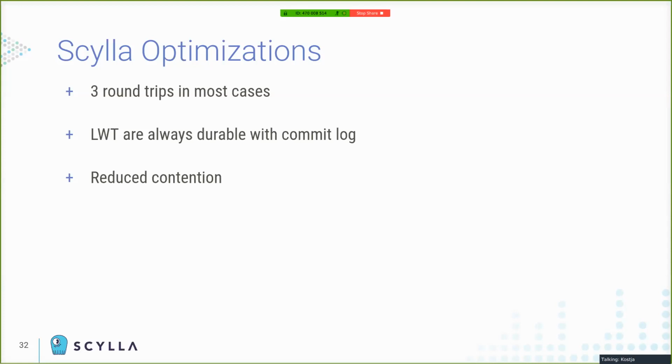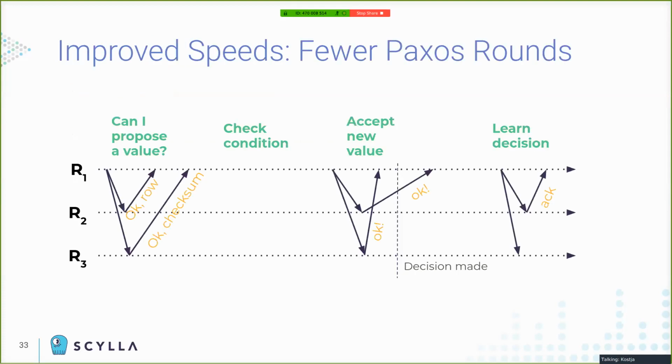And the third one is reducing contention. Those of you who are familiar with Cassandra probably know that if you update the same key from many clients, then the performance can be quite bad, down to 1 query per second and even lower. Next slide, please. So how do we actually reduce the rounds?